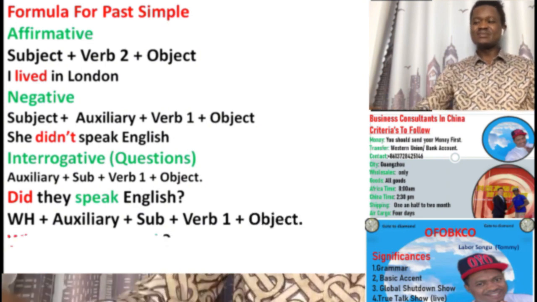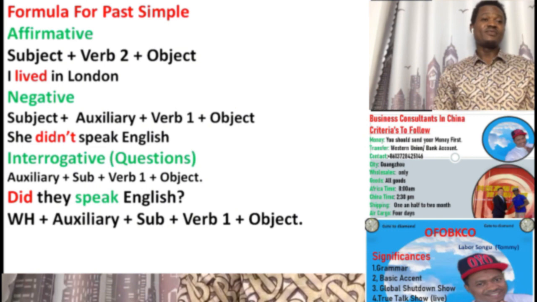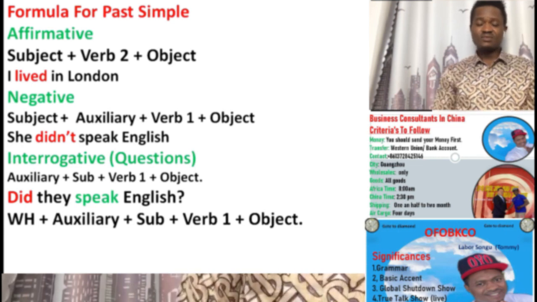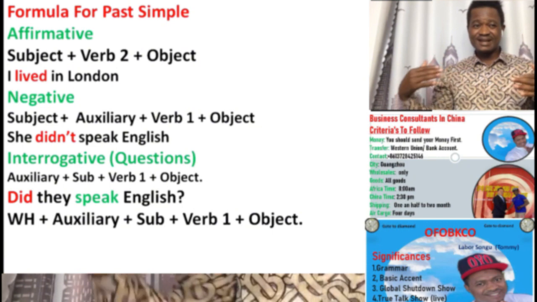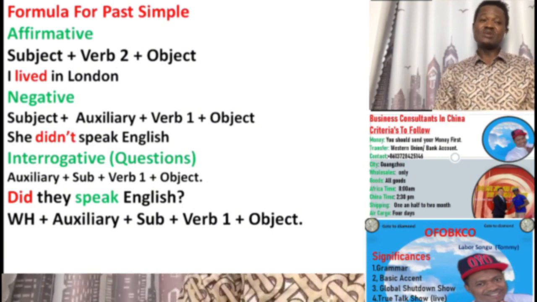So this is the simple formula for the interrogative form for the double question. You have to follow this formula. This is a grammatical structure that can help you to understand more about the past simple.